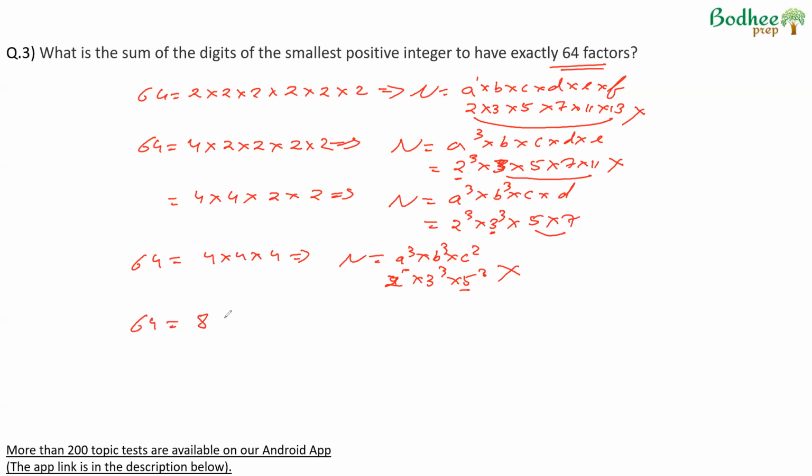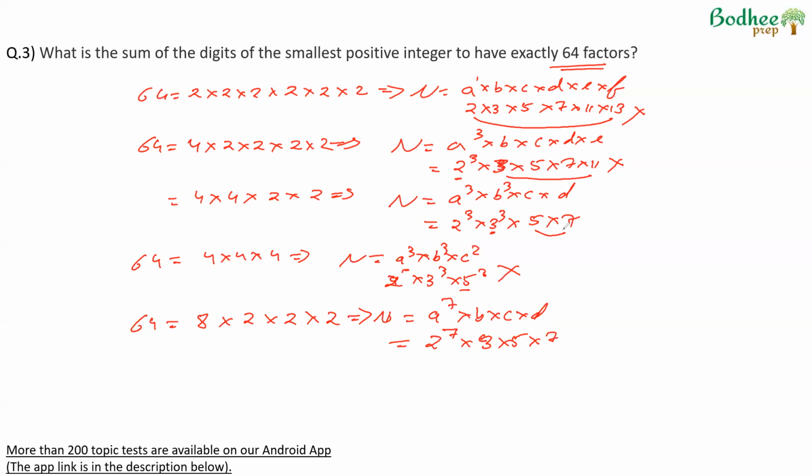If we write 64 as 8 into 2 into 2 into 2, again 4 prime factors. This can be written as a raised to power 7 into b into c into d. The smallest possibility is 2 raised to power 7 into 3 into 5 into 7.